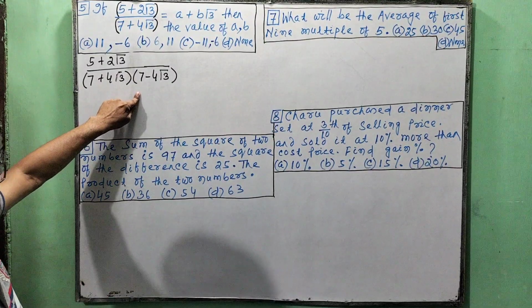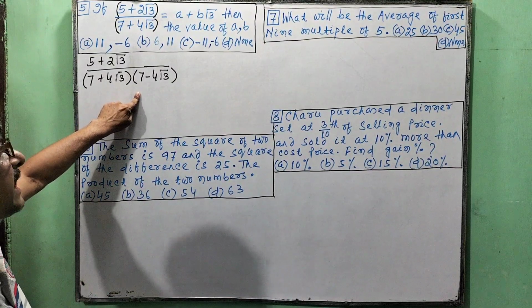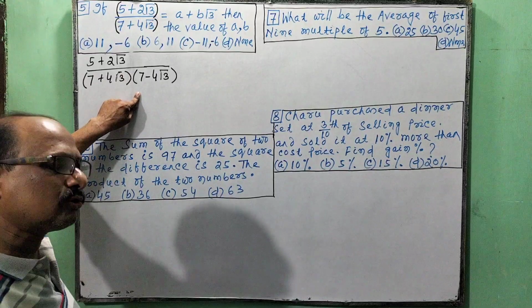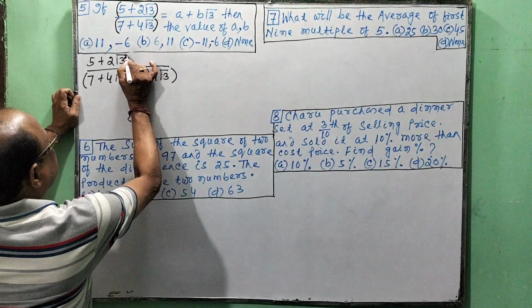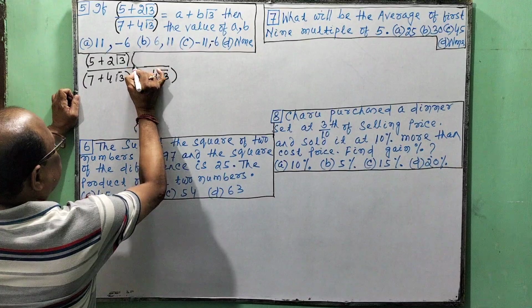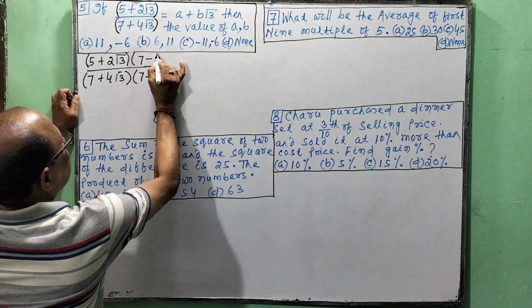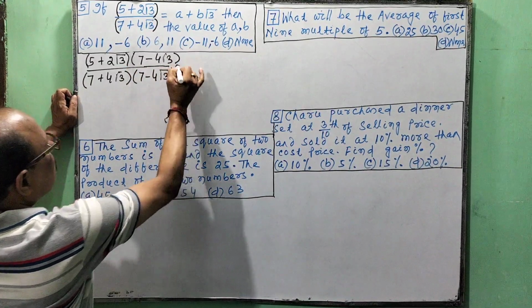If I multiply the denominator by 7 minus 4 root 3, I am bound to multiply the numerator by 7 minus 4 root 3 as well.